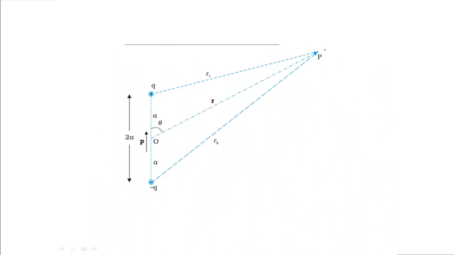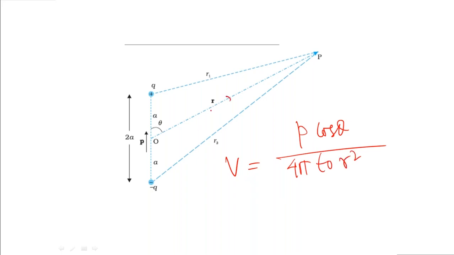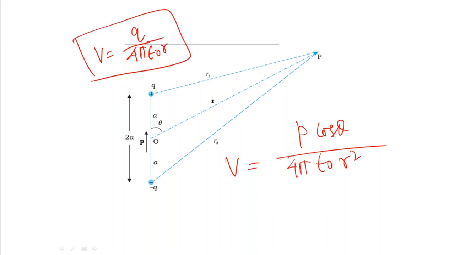Now you can see, in case of a point charge, the potential is q by 4 pi epsilon naught r, varying with distance as 1 by r. But for a dipole you get r square, so the potential varies as 1 by r square. And we had seen the electric field for a dipole varies as 1 by r cube. In case of a point charge, the electric field varied as 1 by r square, q by 4 pi epsilon naught r square.